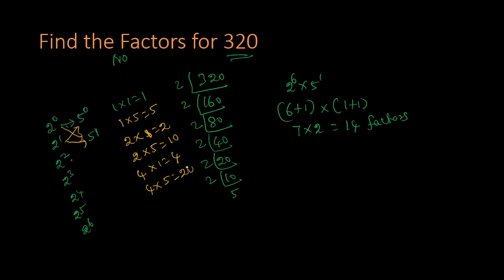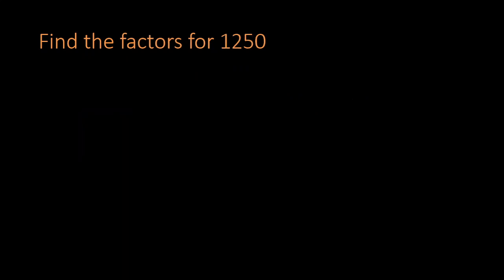So 4 into 5, 20 is a factor. So now we have altogether 6 factors, but 14 factors we have to get. So if we just continue in this fashion, then we will get all the 14 factors for the number.